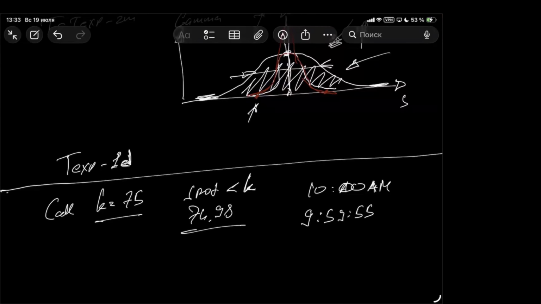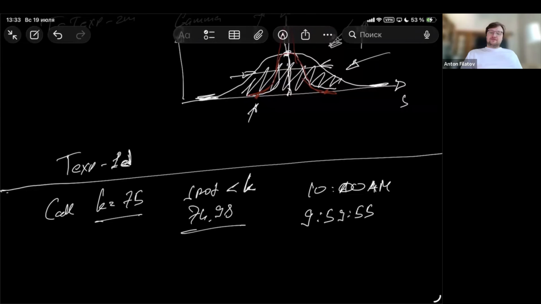Can you repeat that again, please, Anton? Sure. In 5 seconds' time, let's imagine you're a trader, and you need to tell your counterparty if you want to exercise or not this call option with the strike 75. Your spot is 74.98.